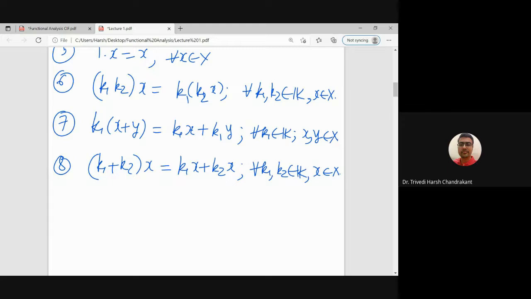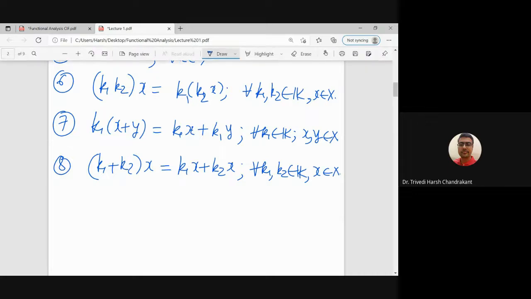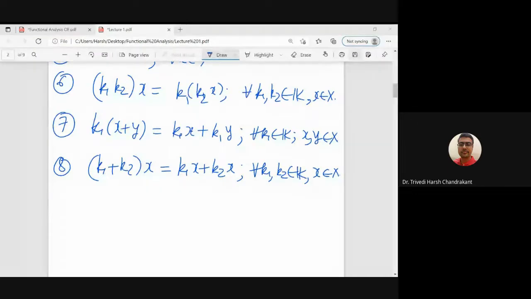So, what are the examples of vector spaces? Yes, you can tell whatever example you remember. R over Q. R over Q is a vector space.